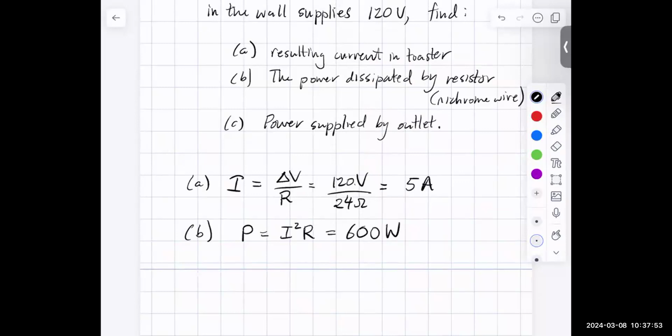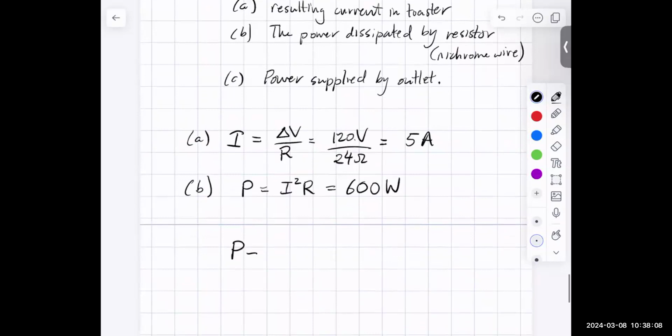We could also do power is I times delta V, which is 5 times 120. 5 times 100 is 500, 20 times 5 is 100, so that's 600.